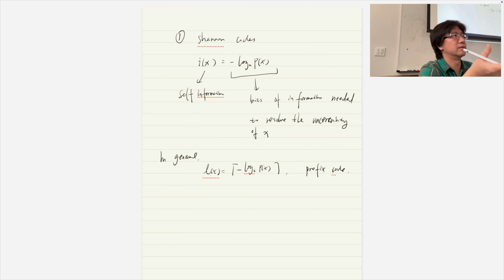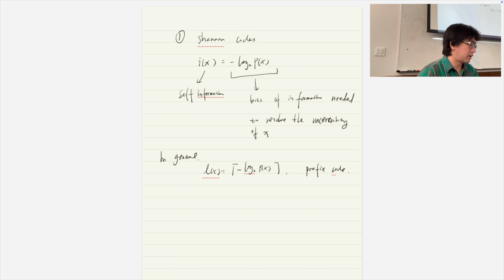Why can we construct a prefix code? Because of the theorem we just learned: it satisfies the Kraft inequality. If that inequality is satisfied, then we can construct a prefix code. We showed that for the prefix code we can pick the length as this number. Hopefully that makes sense.